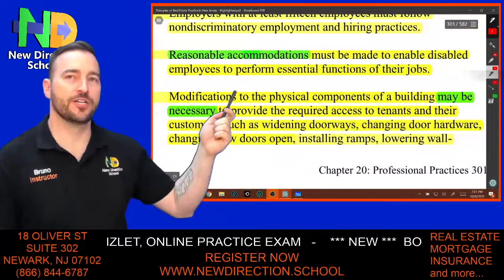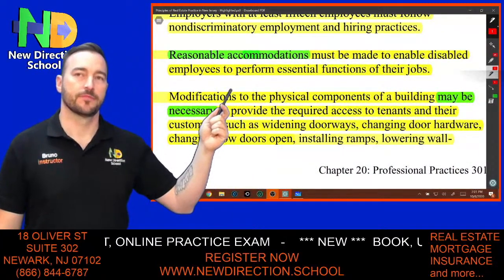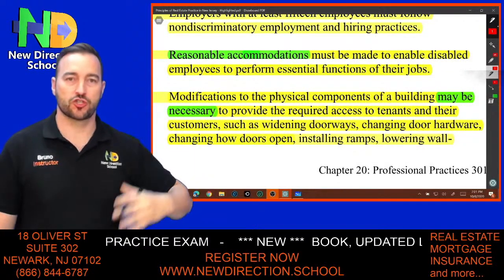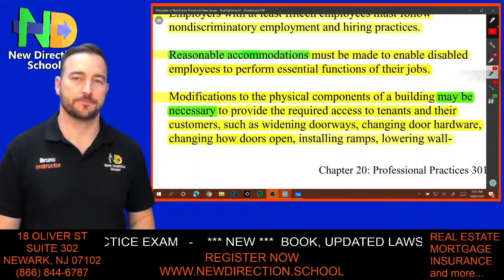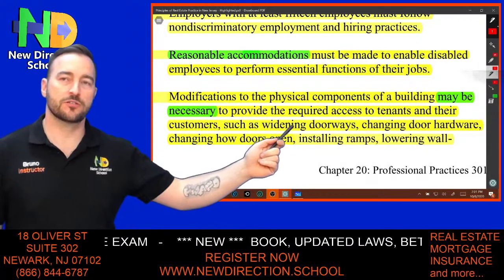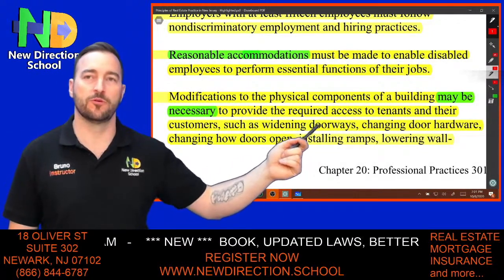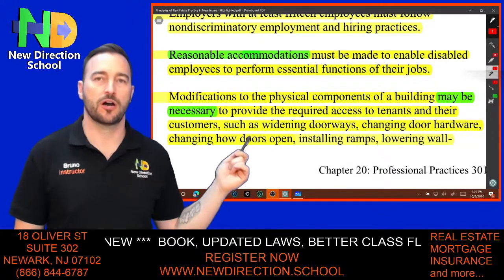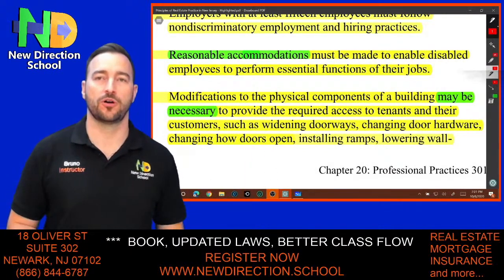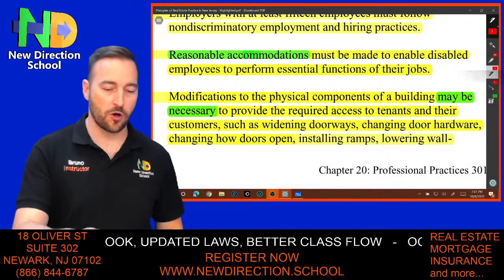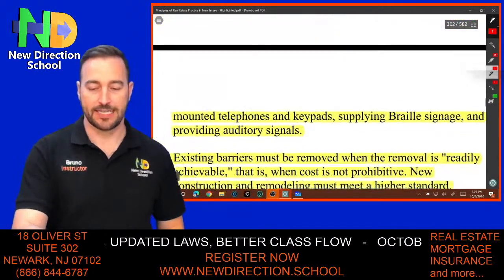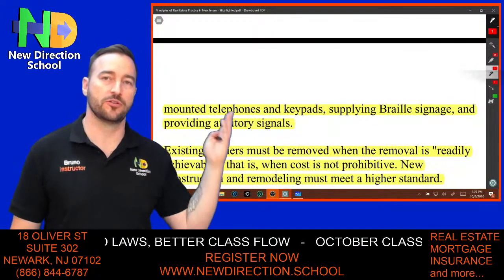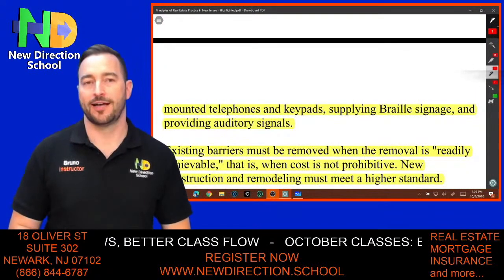What is reasonable? I am not making extreme changes to the building. The physical modifications I have to make to a building will be something like widening doorways, changing door hardware, how they open or close, installing ramps, lowering wall-mounted telephones, keypads, braille signage on the elevator, for instance, or even auditory signals on the elevator.